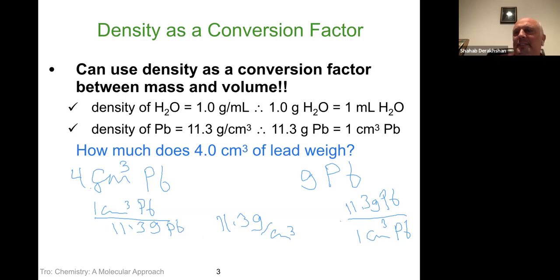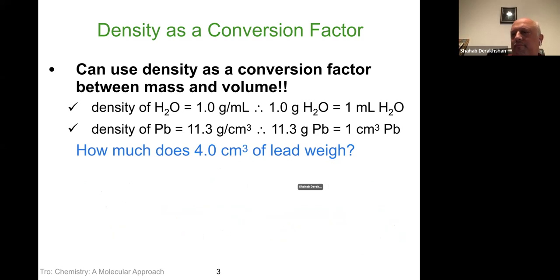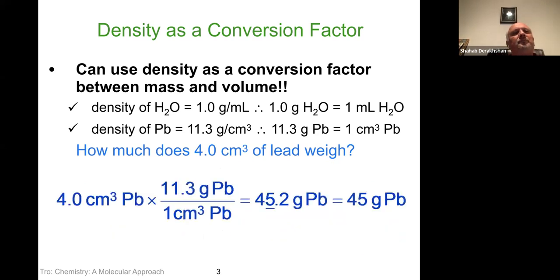Since I want to get rid of cubic centimeter of lead, I use the fraction where cubic centimeter is in the denominator, so I choose this one. So I say 1 cubic centimeter is equivalent to 11.3 grams of lead, and I solve my problem. So that's what we did, and you put it in your calculator, you get 45.2, but since you have only 2 significant figures to use, you will report 45.